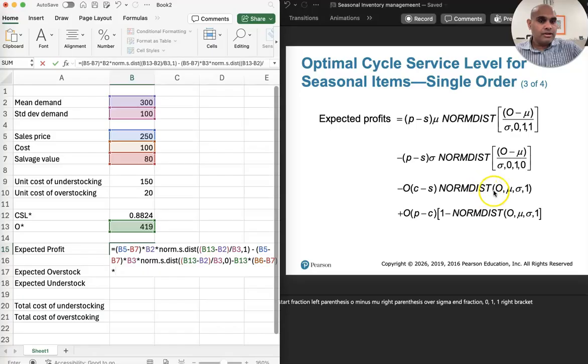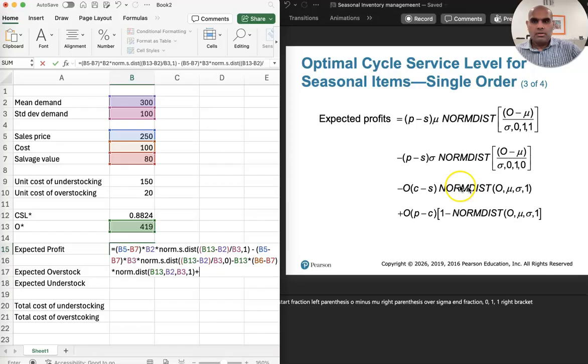This time it's not a standard normal distribution, it's the basic normal distribution, and we are using cumulative here, so it's norm.dist of the optimal order quantity, comma mu, comma standard deviation, comma 1. So that's this part of the formula.